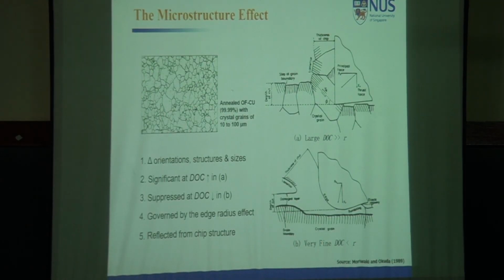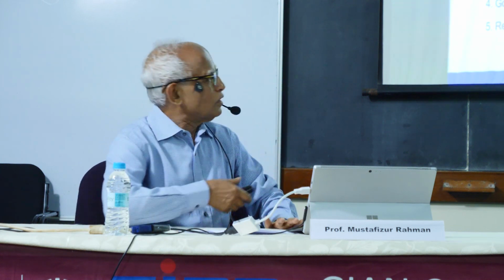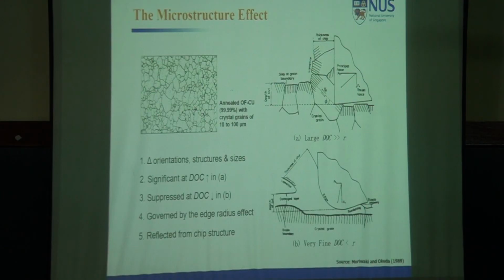Microstructure effect. Now here comes, when your chip thickness is large and whatever boundary condition is there, fracture may take place along that line. But when your chip thickness is very small, then your compression is large.